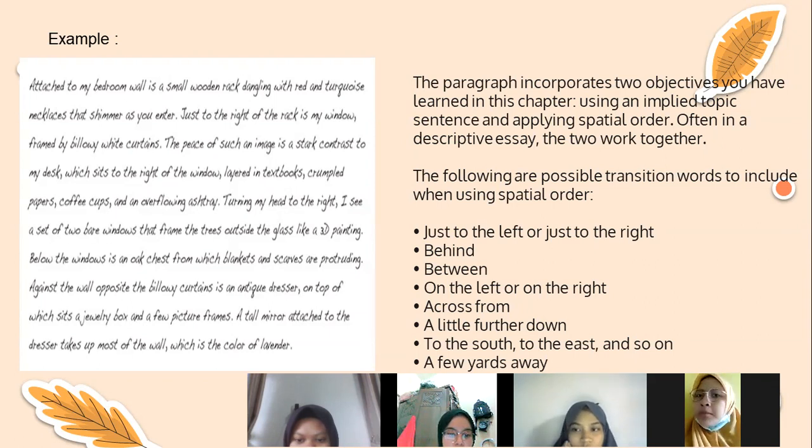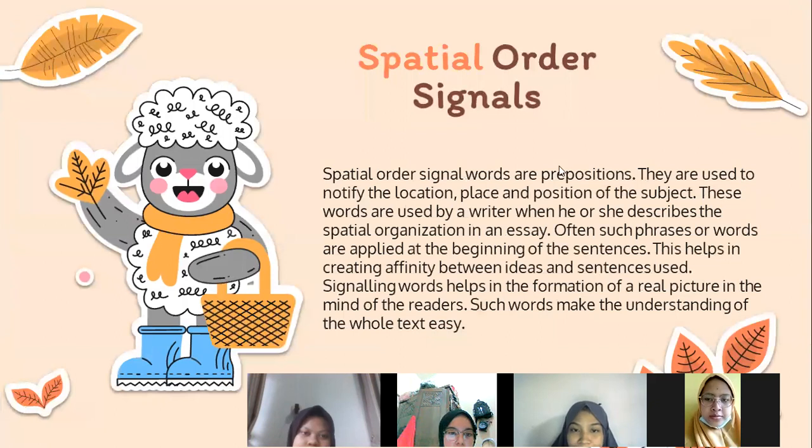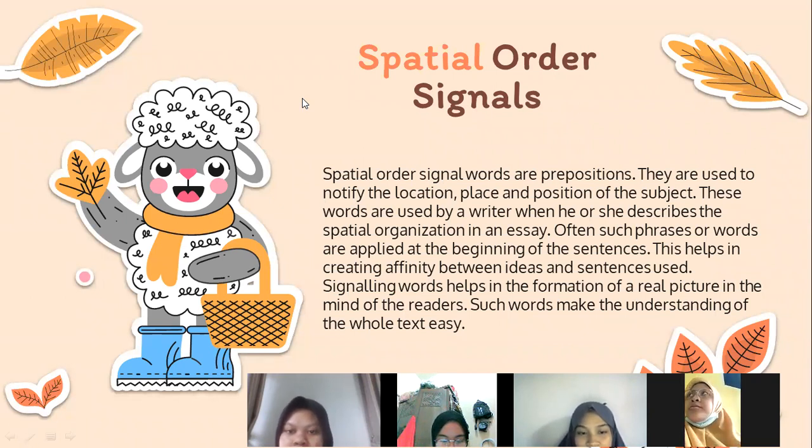The next presentation, which will be read by Asia. Spatial order signals. Spatial order signal words are prepositions. They are used to notify the location, place, and position of the subject. These words are used by a writer when he or she describes the spatial organization in an essay.